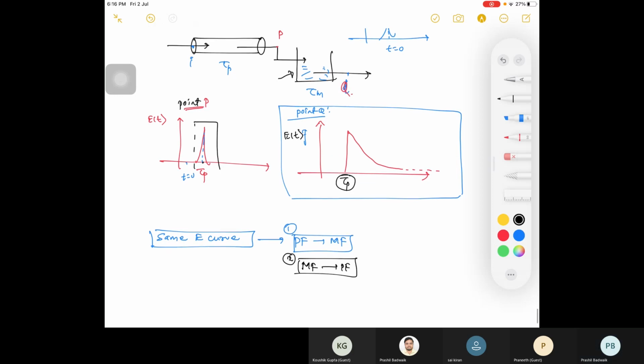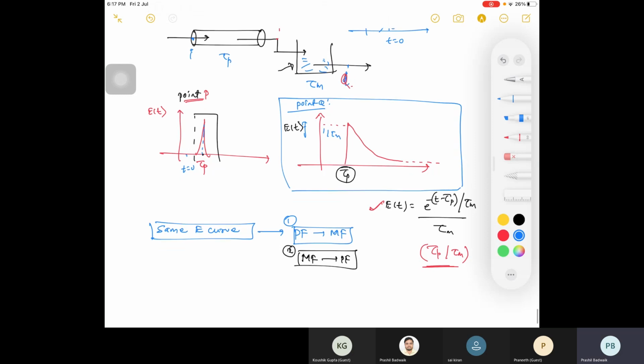Then your ET, you know what is ET? E to the power minus (t minus tau P) divided by tau M, divided by tau M. So you can see in your E curve you are having both these values. Tau P is also there and tau M is also there. And this is your 1 by tau M. I forgot to mention. Okay, this is your value.